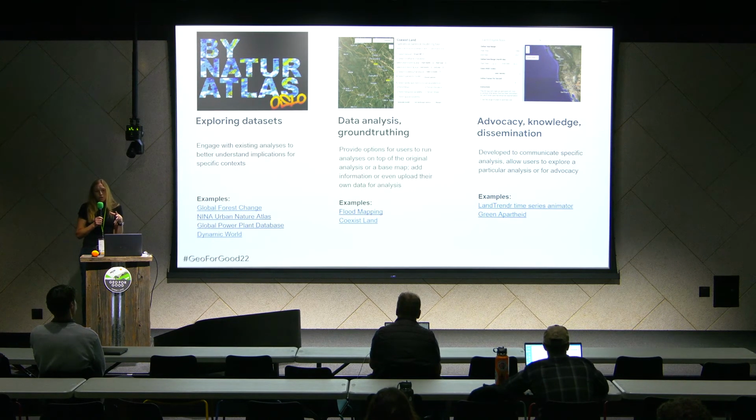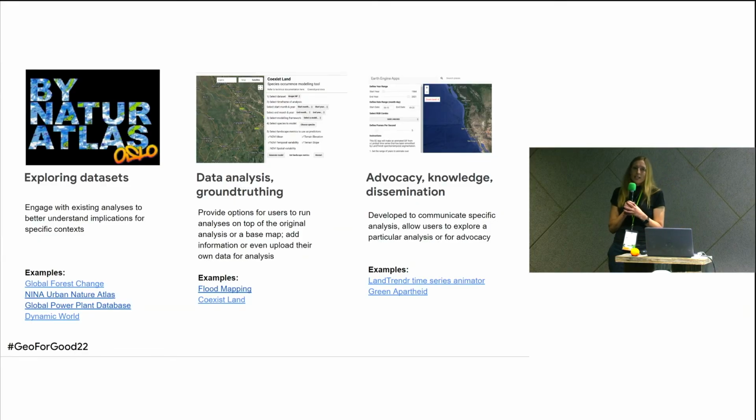So the first category is apps that help you to explore data sets. An example of that would be the Dynamic World dataset. If you're a developer or an analyst, you can go into the code editor and do all sorts of fancy analysis.